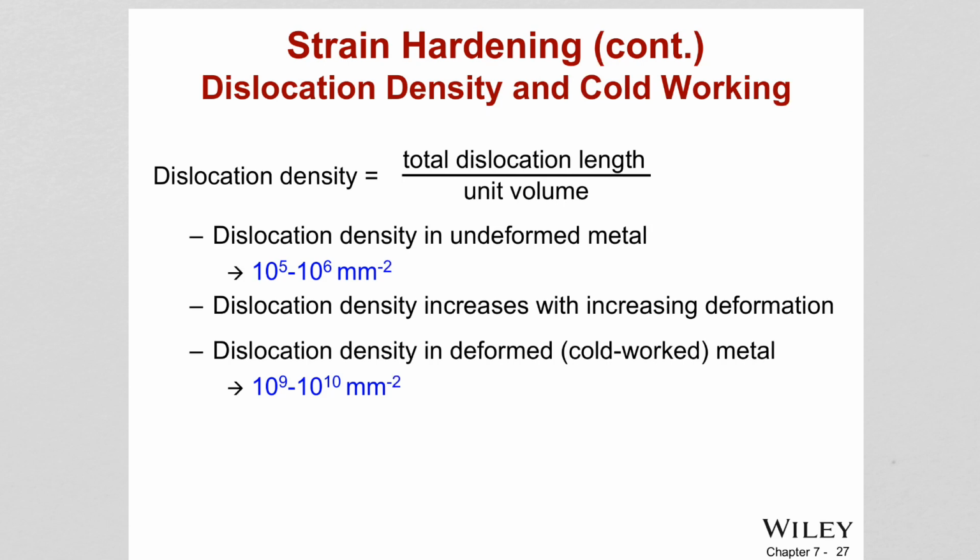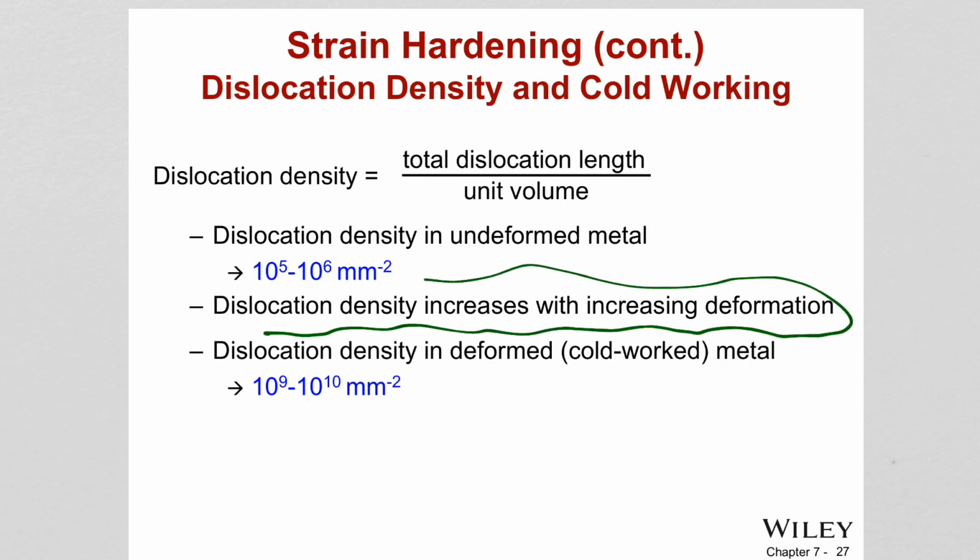The dislocation density calculation showed us that an undeformed metal is in the range of 10 to the power of 5 to 10 to the power of 1 per millimeter squared. Dislocation density increases with increasing deformation, because when they measured the dislocation density in a deformed metal, it increased.